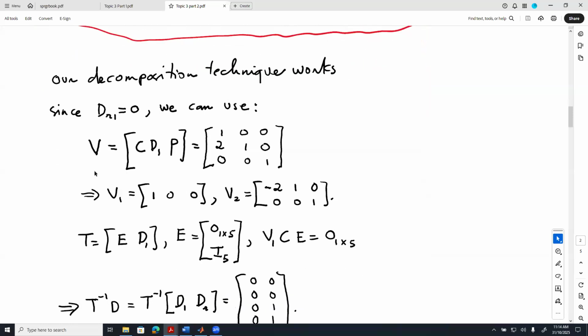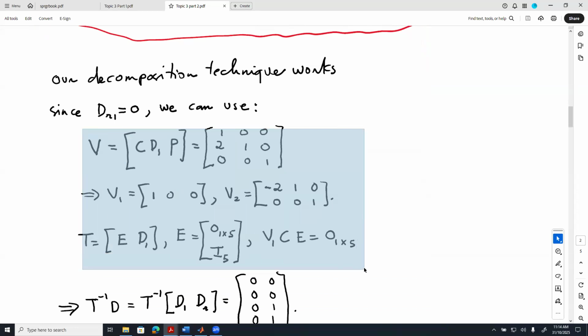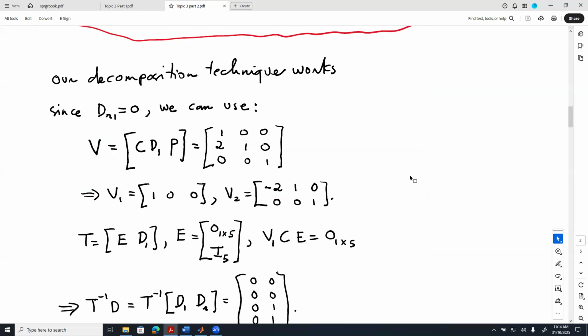So this is the rest of the decomposition, based on the previous example. We pick the matrix V, D1 here, important. That gives us that, and that's the structure of matrix P.